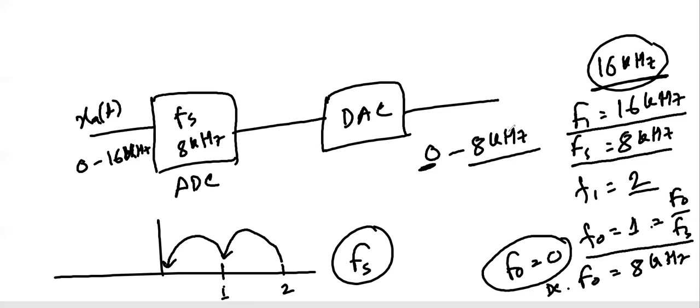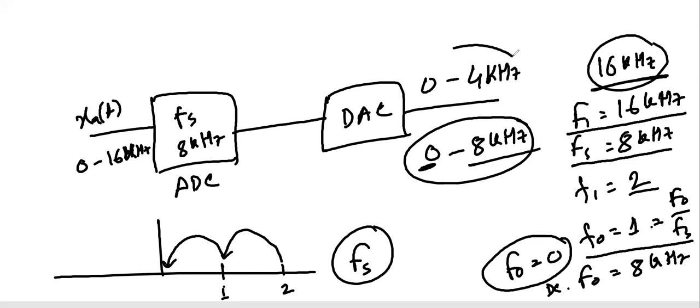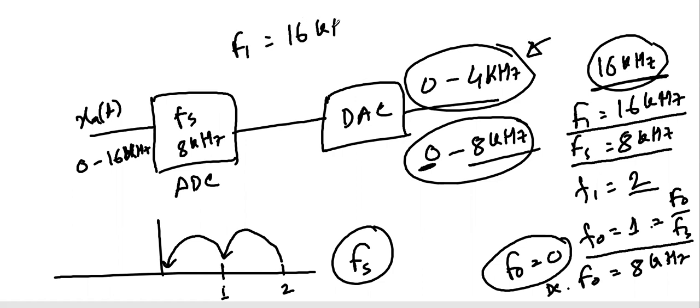Of course, you have mentioned the right thing: the range would be 0 to 4 kilohertz. We'll describe in the next class, inshallah, how it will be between 0 and 4 kilohertz. But your task again: if f1 is equal to 16 kilohertz, try to find the alias signal of that.